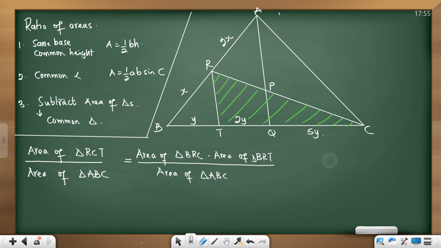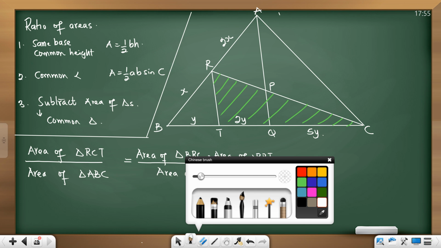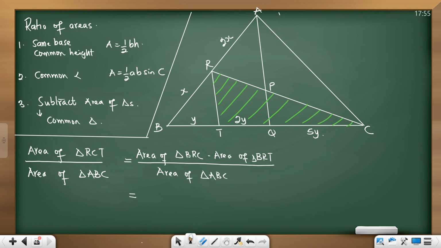Now I am going to be using half AB sine C, back to trigonometry, where angle B is the center of what? Focus. So it's going to be the two sides and the angle. For BRC, please understand how to use your half AB: it is the two sides and the angle in between them.